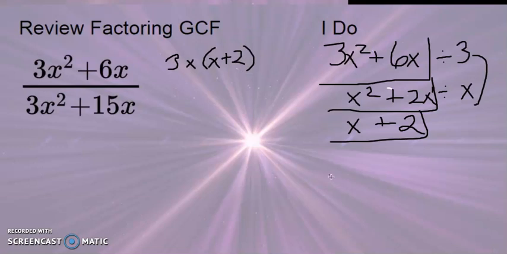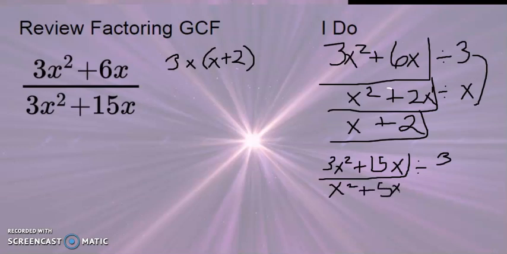Let's do the same thing for the denominator. 3x squared plus 15x. First, we determine the greatest common factor of 3 and 15. It's 3. 3x squared divided by 3 is x squared. 15x divided by 3 is 5x. Then we ask ourselves, do they both have x's? Yes.